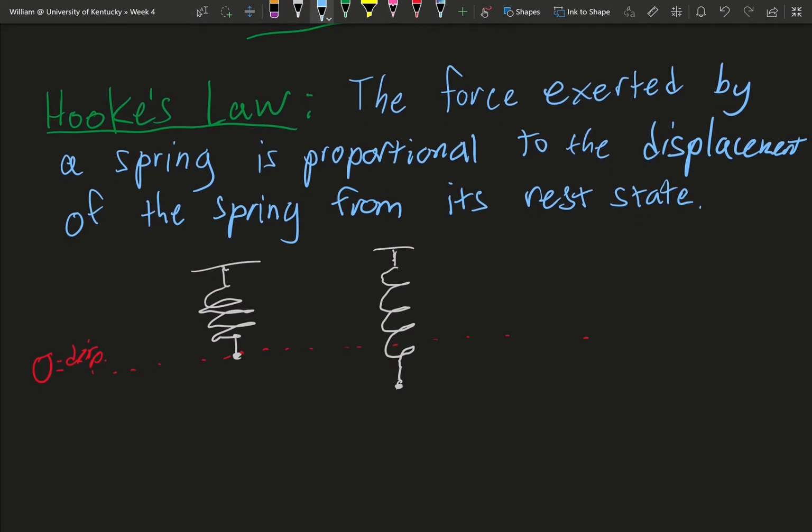We're going to use the convention that's opposite to what you might use most of the time, but I think it's pretty convenient for problems like this. So if we pull it down, this is going to be positive displacement, let's say positive displacement d.